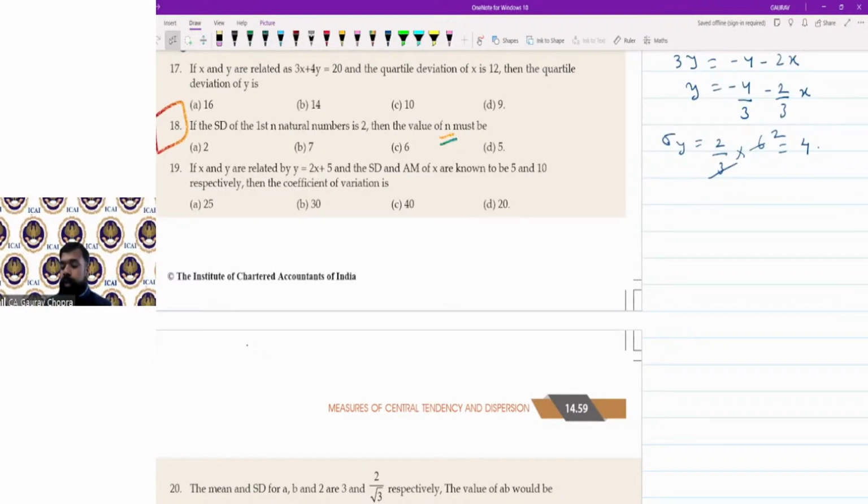Come on everybody. Who is correct? So Swati has given option number B. Okay. Swati is there with option B. So we are having students from all around the country.